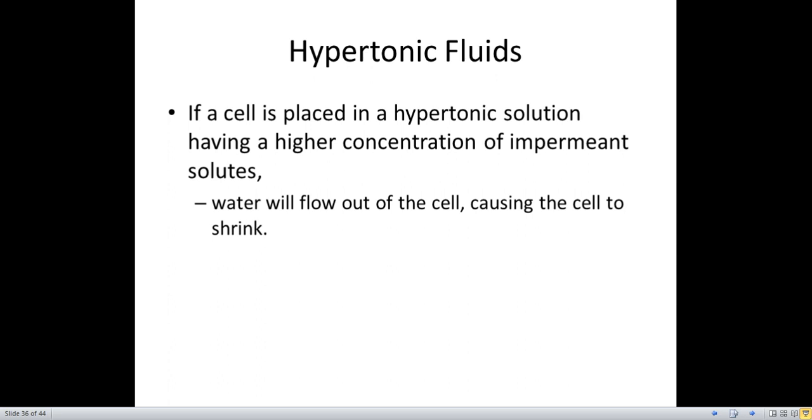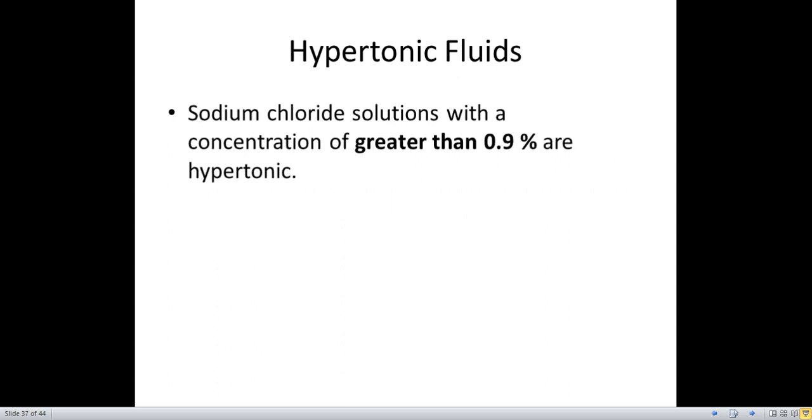If a cell is placed in a hypertonic solution having a higher concentration of impermeant solutes, water will flow out of the cell, causing the cell to shrink. Examples of hypertonic solutions are the sodium chloride solutions with a concentration of greater than 0.9%.